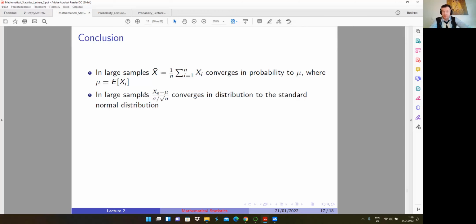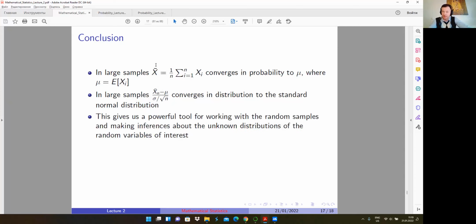In large samples, this fraction converges in distribution to the standard normal distribution, 0 and 1, which now gives us a chance to calculate probabilities for the actual realization of the sample mean under some particular sample, because usually we work with only one sample. What is the probability that this deviates from the true population mean by some amount?